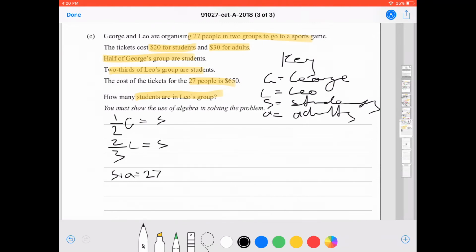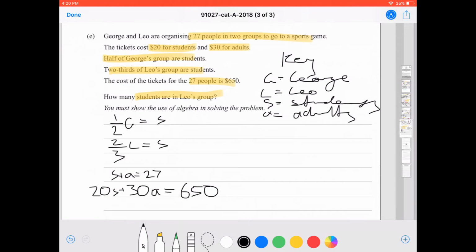It might help us, it might not. We could also say, working in terms of money now, 20S plus 30A, because it costs $20 for a student and $30 for an adult, equals the total cost, which is given as $650.